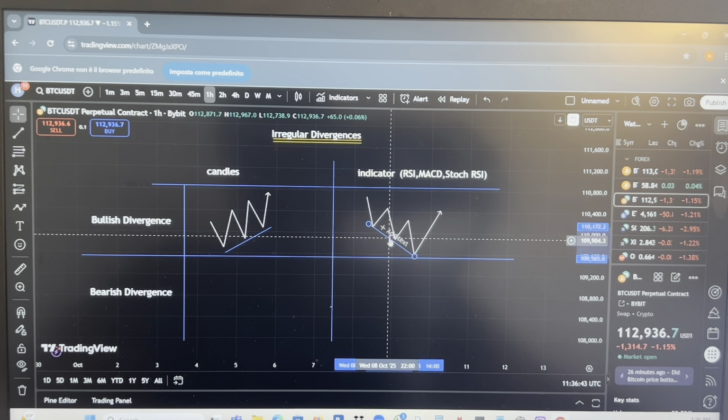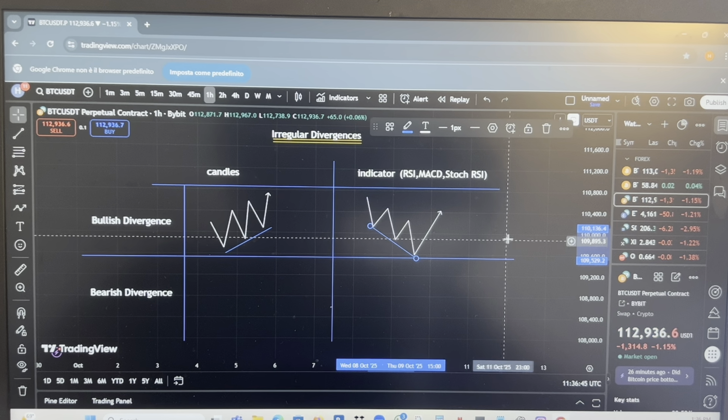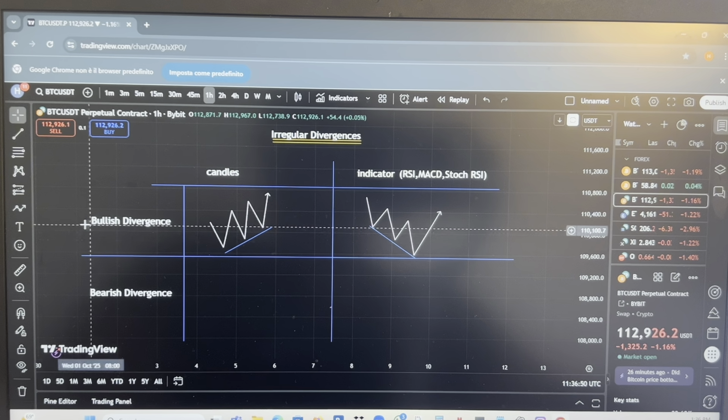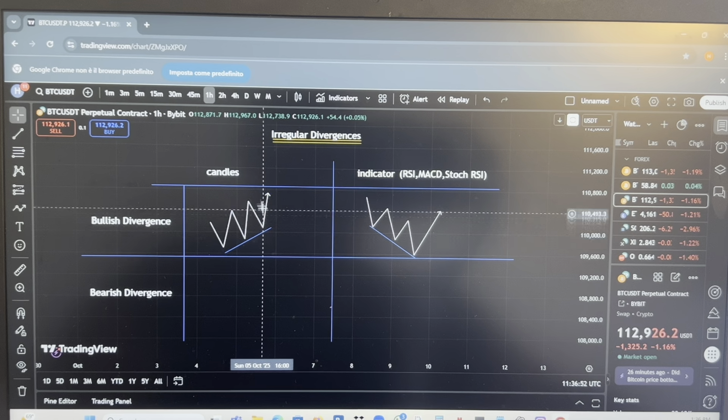I know you might not understand it right now, but I'll show you some real-time examples on the charts as well. I hope you get a good idea by looking at the chart.